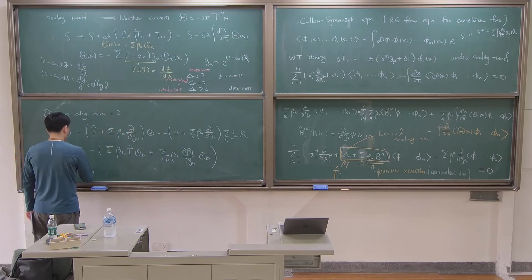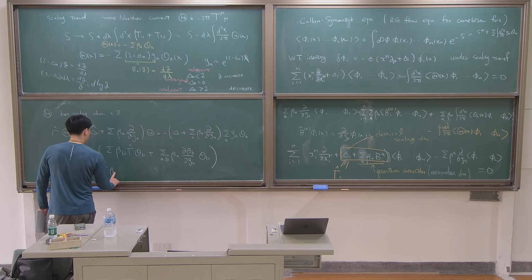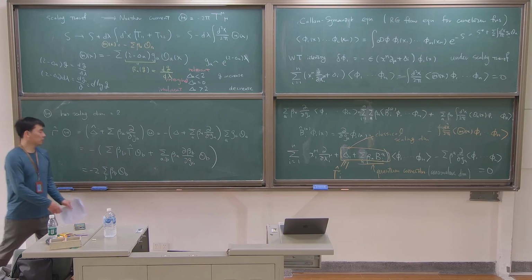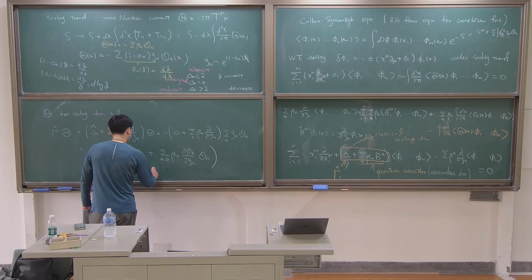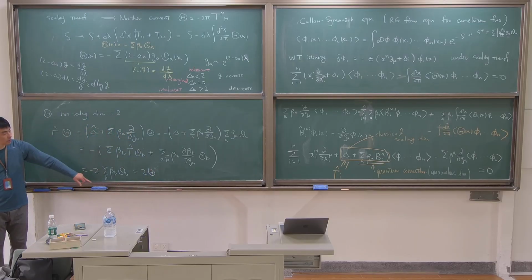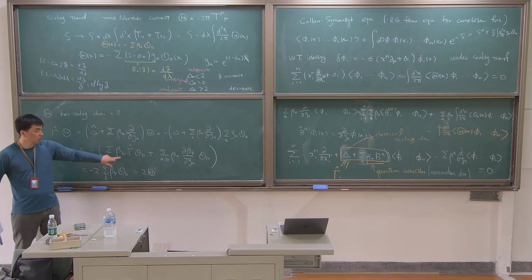And this should be equal to 2 times minus sum over beta A, beta B, and then O B, like this. It has to be, because when it's just gamma acting on theta, it has to be equal to 2 times theta. And if you compare between these two, we can understand how gamma acts on O. Okay?